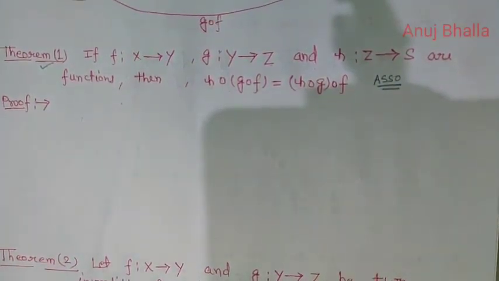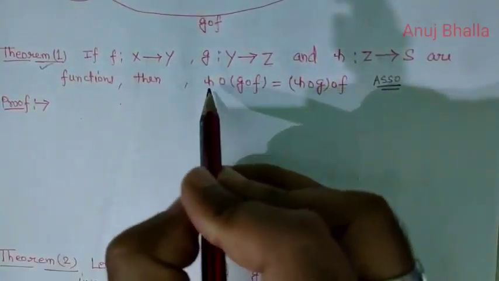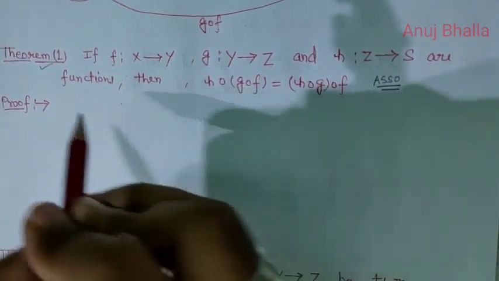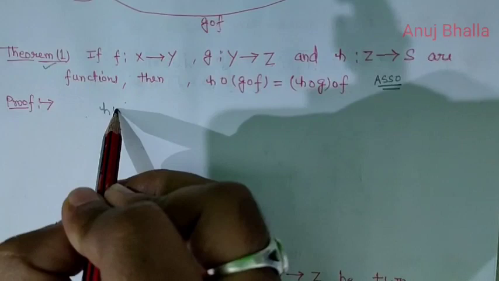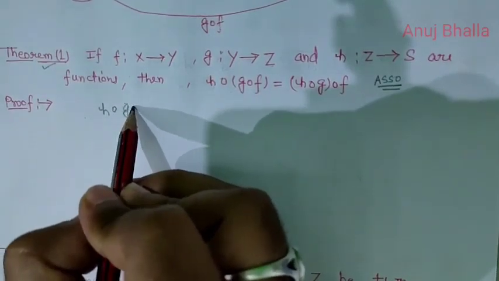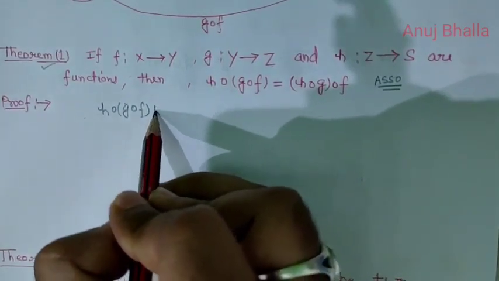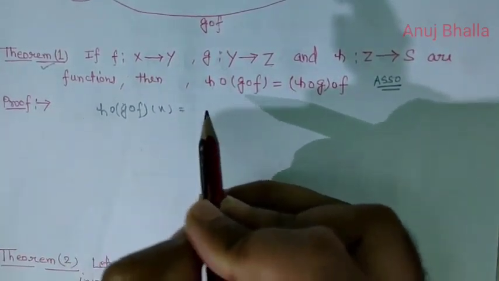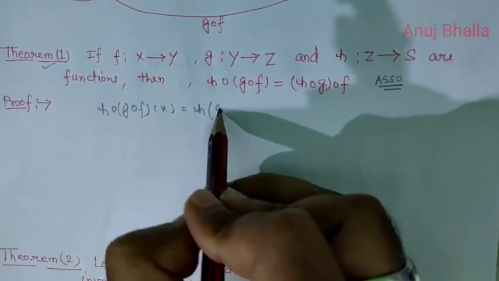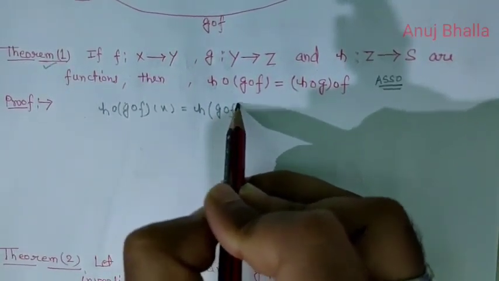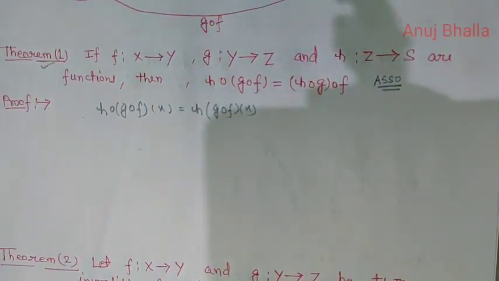So how will you prove it? Now we start with this. We know that (hogof)(x) is equal to h(gof(x)) according to the definition.